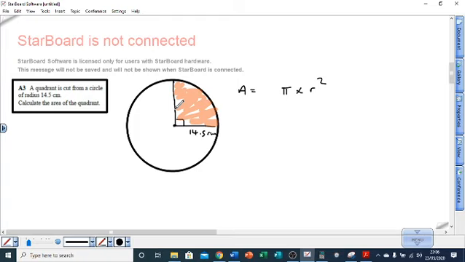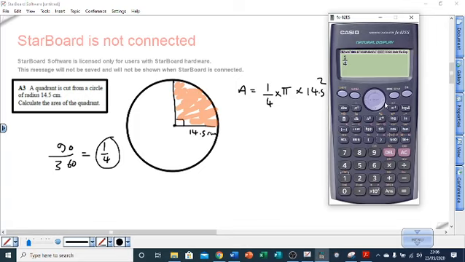Okay, so just type that into the calculator. Fraction button, 1 over 4, come out and times it by shift and pi, times it by 14.5, and square it. So the calculator is going to square this first and times it all out and give us the answer in terms of pi. And there it is.